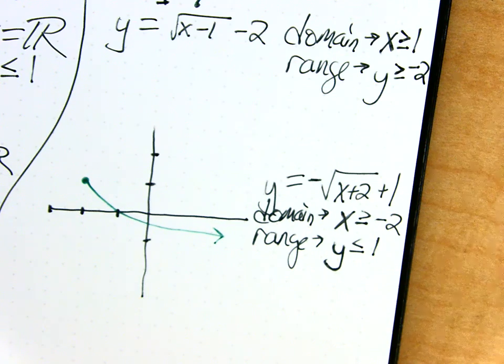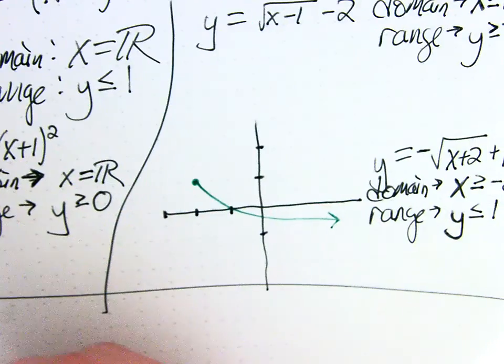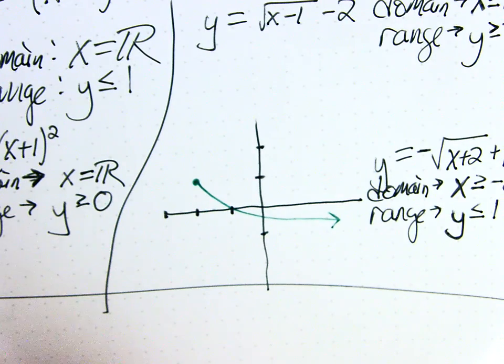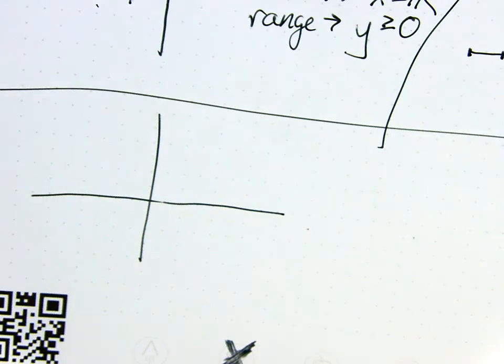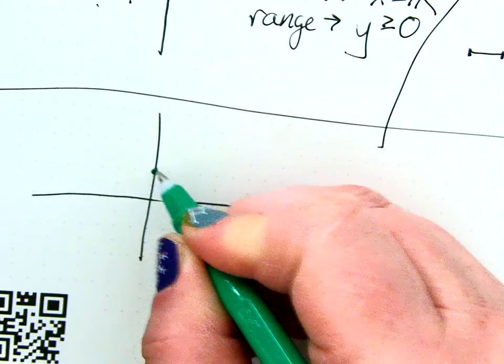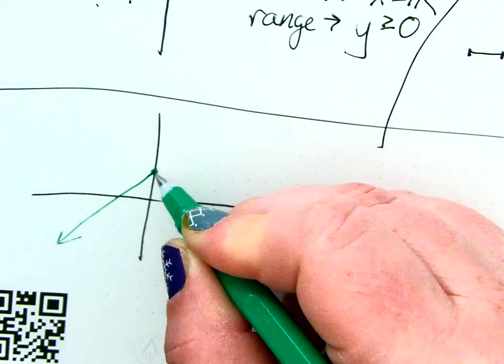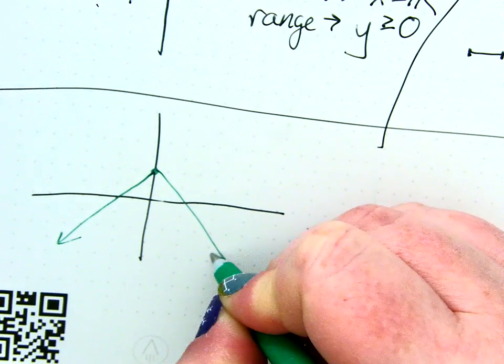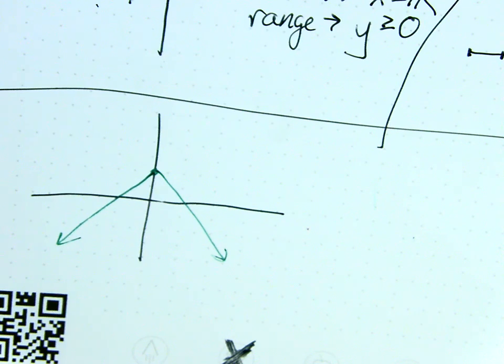So, let's stop this here then. Well, I guess if you had a different style graph, absolute value, they all work the same way. Let's do one of each. Let's say you had that absolute value graph.